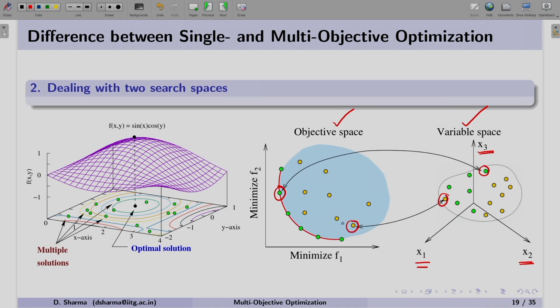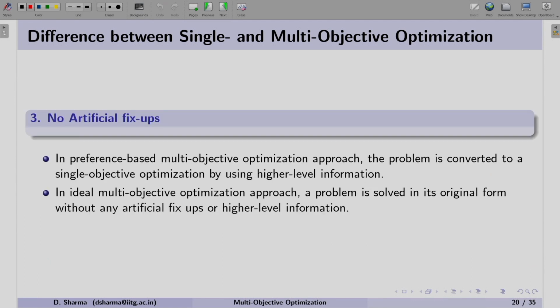So, what you can see here is we always search in the variable space in multi-objective optimization as well as single objective optimization. But when we have to decide a solution, we always do our selection in the objective space where we deal with multiple objectives, and therefore, we deal with two spaces in multi-objective optimization rather than just one space in single objective optimization.